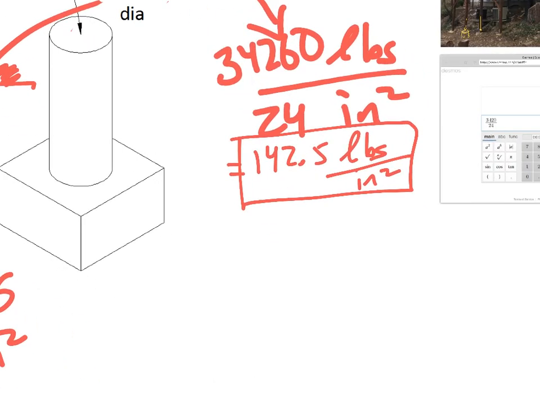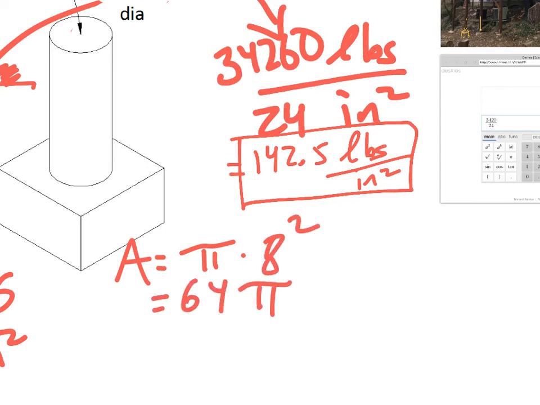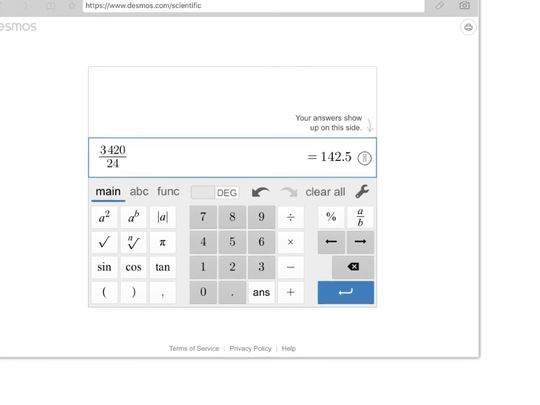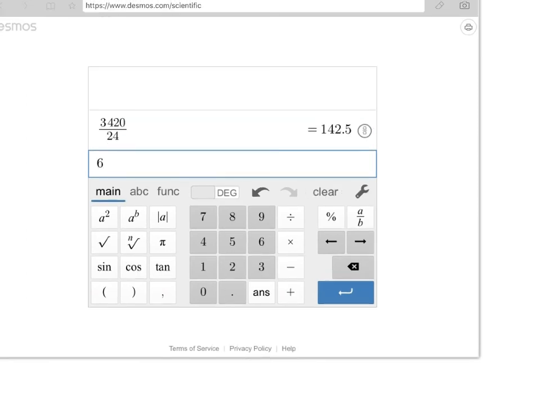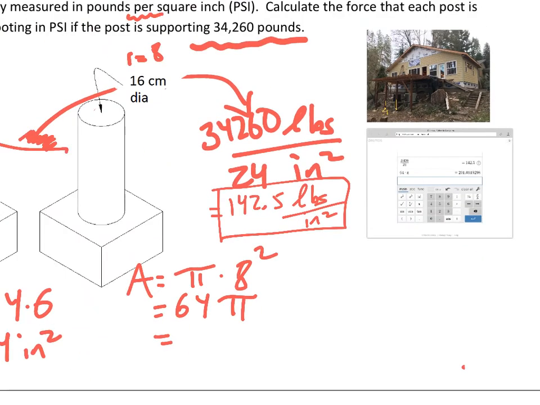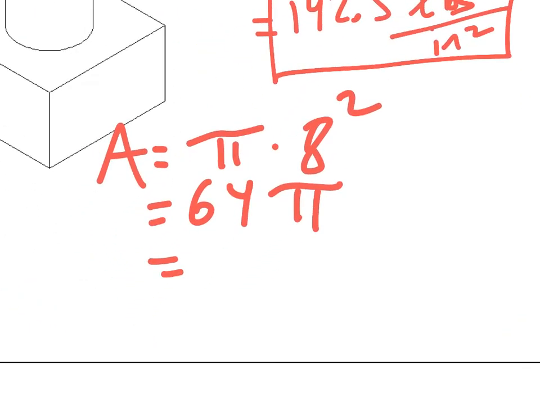So area is pi r squared here, so the area is pi times 8 squared, which is 64 pi, which, if we use our calculator, 64 times pi, so we get 201.06 here.